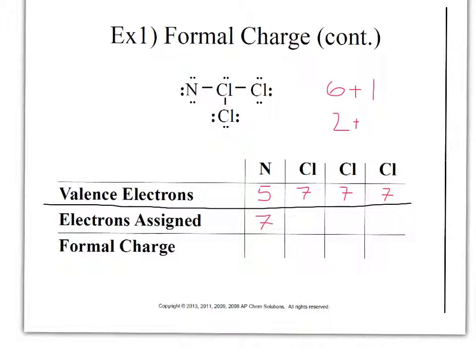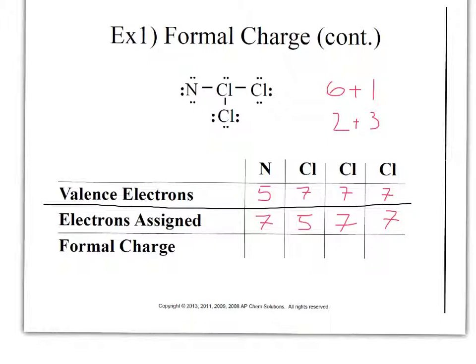Divide that by 2, that's 3, so 1, 2, 3 for the 3 bonds, and that means it would have 5. And then these chlorines on the outside, you can see that they're the same. They would have 1 bonded pair and then 2, 4, 6, so they would be 7, just like the nitrogen.